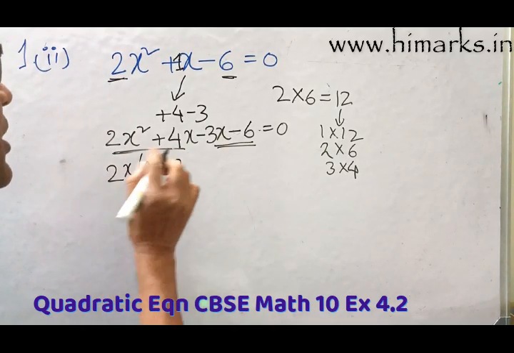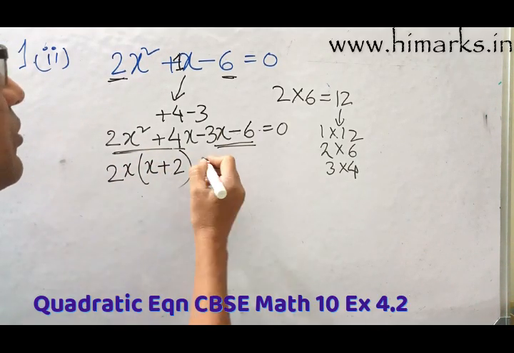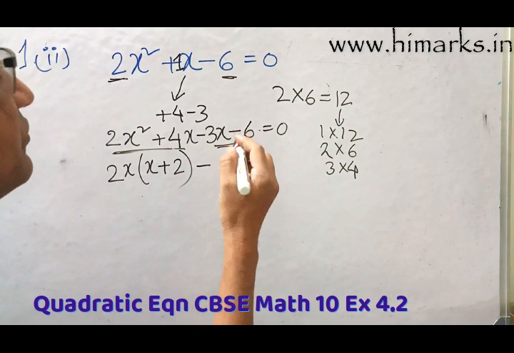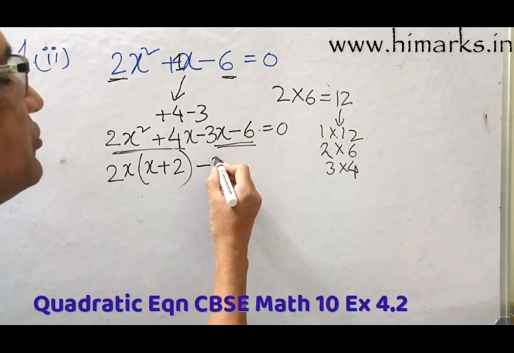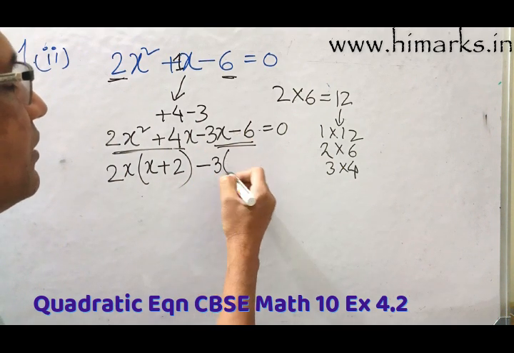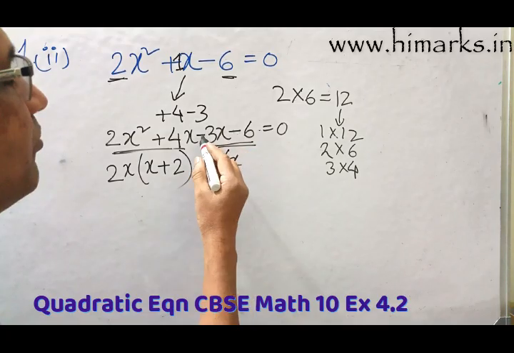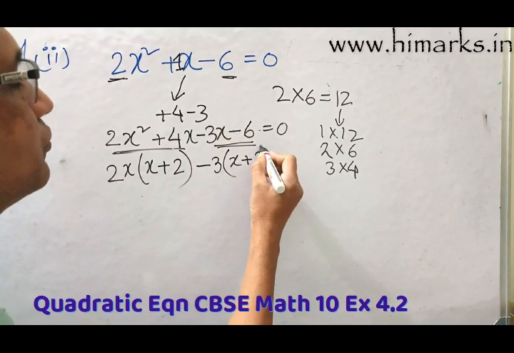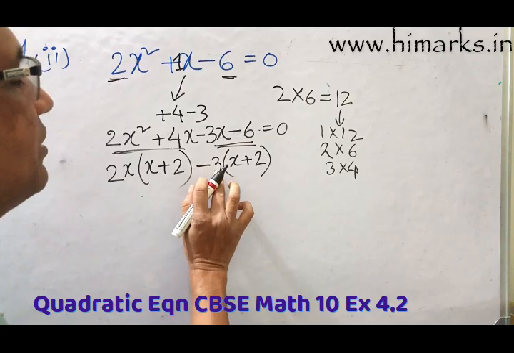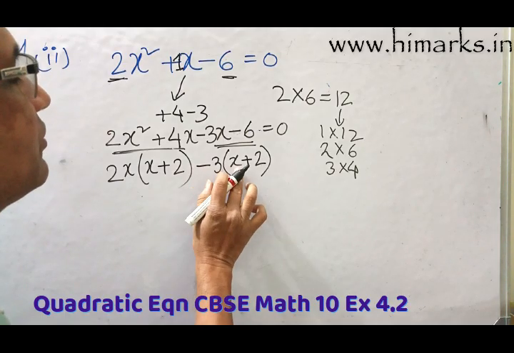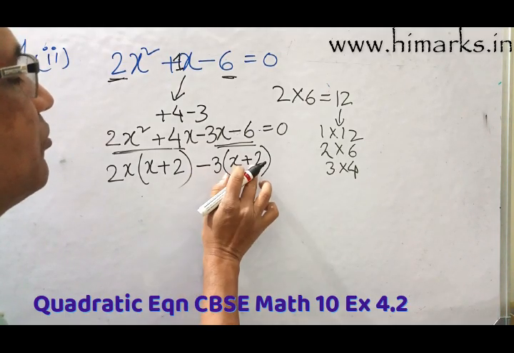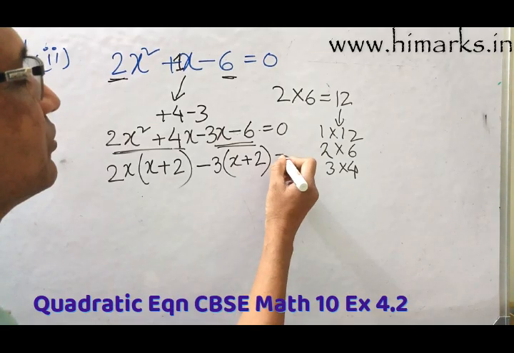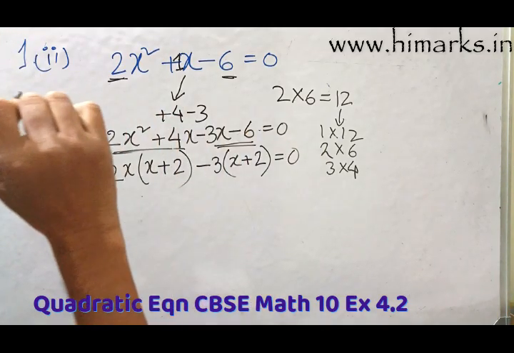X is already here. Between these two, the common factor is minus 3, and be careful, minus is there. So here it will be 2. So you see, check it again: minus 3 into x is minus 3x, minus 3 into plus 2 is minus 6. So okay, we have done it correctly.